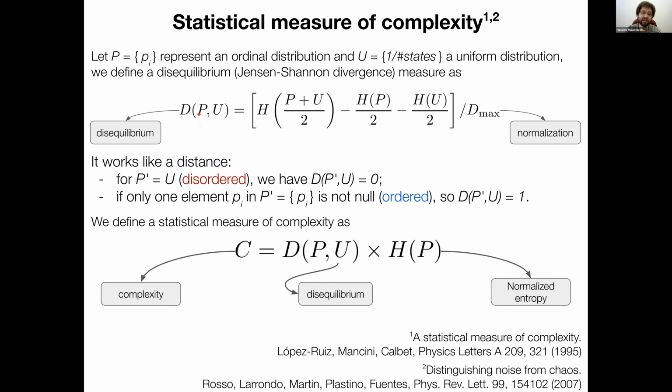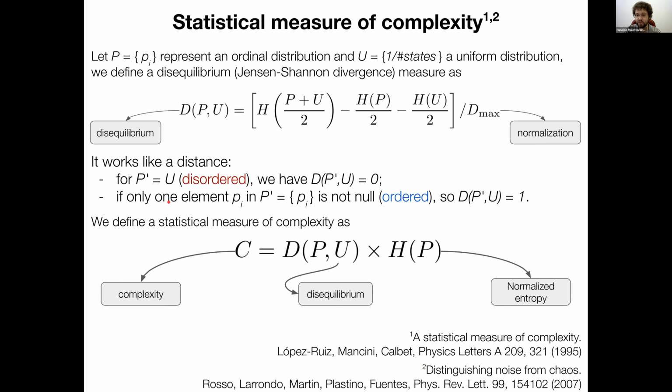So it's a measure that calculates something between the probability distribution of our system and the uniform distribution. Actually, the values of D are quite similar to a distance. It can be considered a metric, in the sense that if we have a very disordered system, with probabilities very close to the uniform distribution, the disequilibrium will be zero, because the system's probability is approaching the uniform distribution.